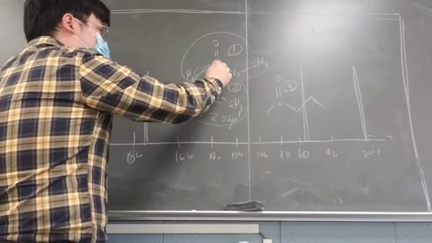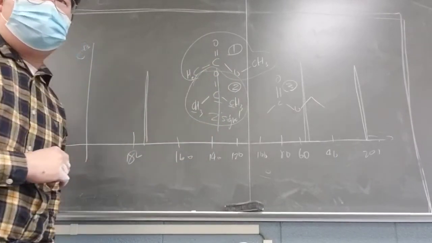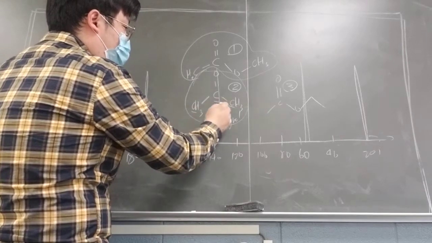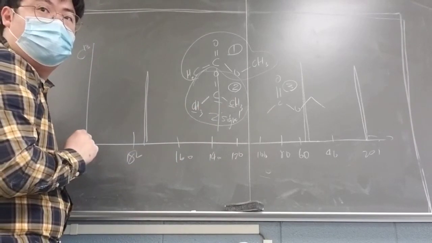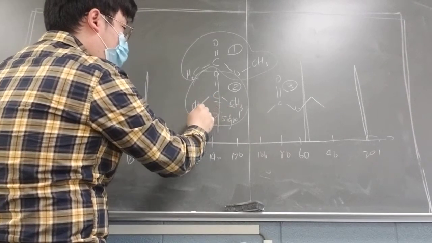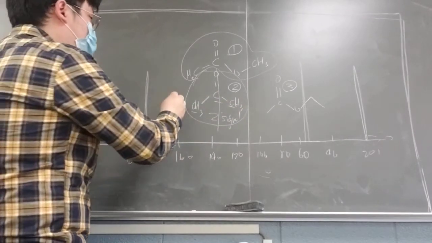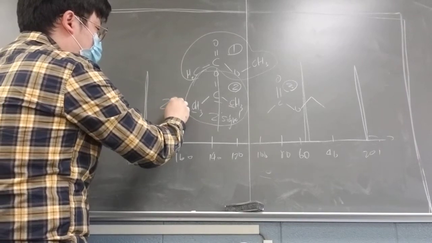But the thing is, there is a symmetrical plane in the middle. So those 2 will be overlapped on the same position. So there will be only this one and this. So 2 signals there.